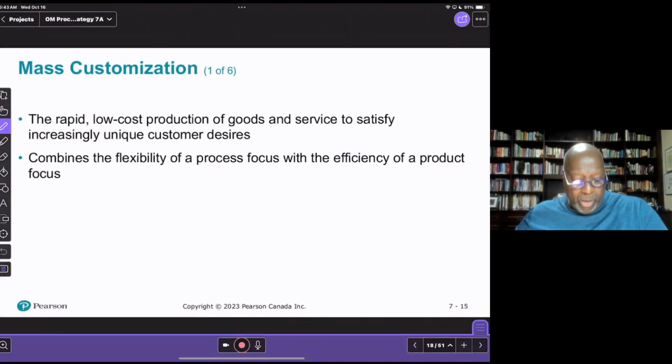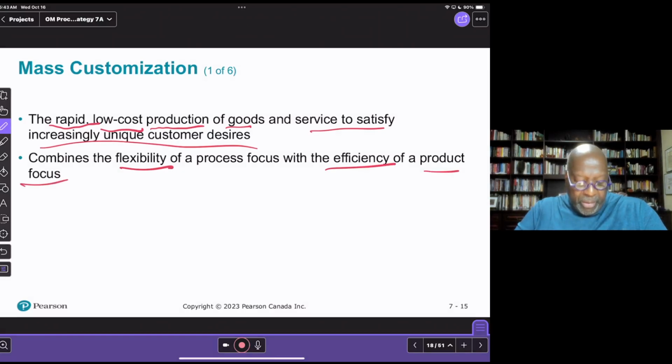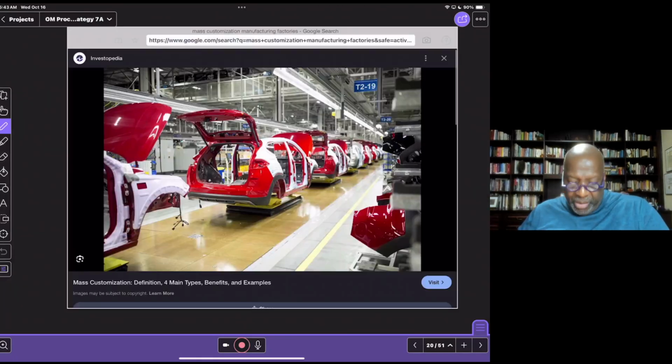So mass customization, as we said, is rapid, low-cost production of goods to satisfy increasingly unique customer desires, and combines the flexibility of a process focus with the efficiency of a product focus. So it's really a combination of these extremes, variety and volume.